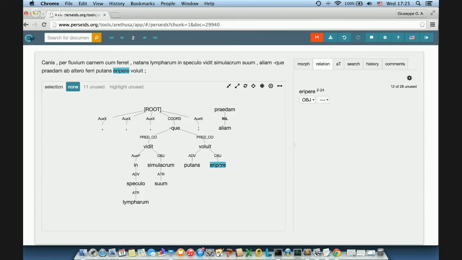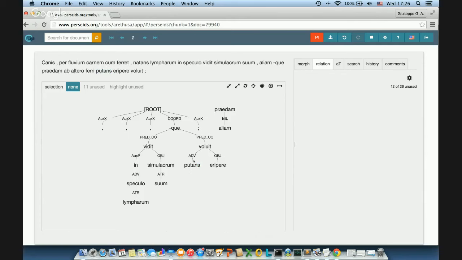So this functions as an object with respect to voluit, and then we have putans that I translated with while thinking, or because he thought. So basically this stands for a circumstantial clause, we would say, using a traditional terminology for Latin grammar.